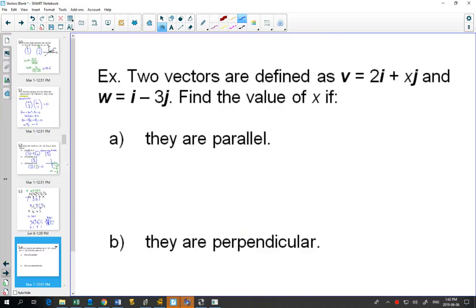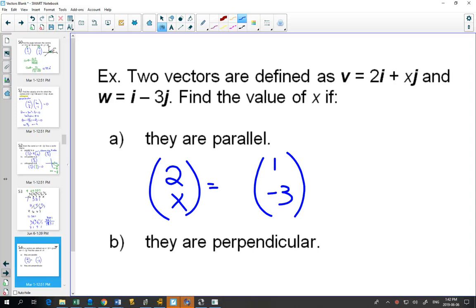We want to do some more vectors. One more vectors question. Two vectors are defined as 2i plus xj, and i minus 3j. Find the value of x if they're parallel. So if they're parallel, again, the first vector is 2, x. The second vector is 1, negative 3.